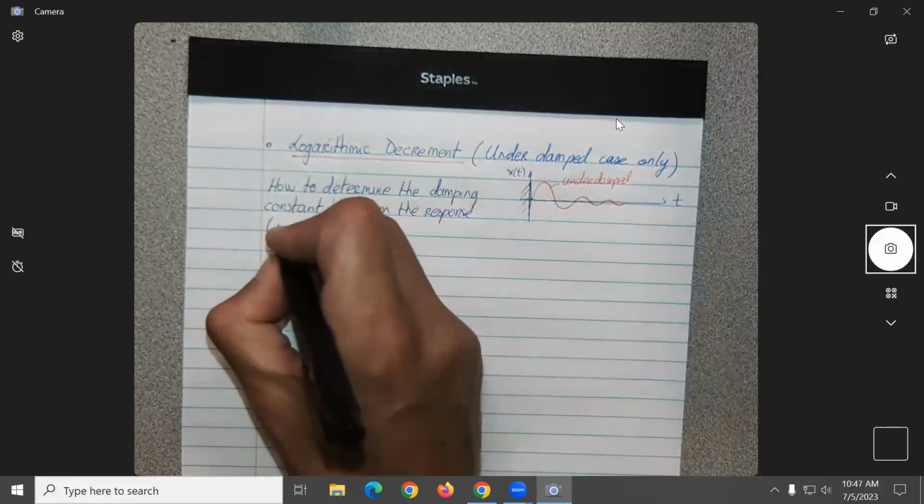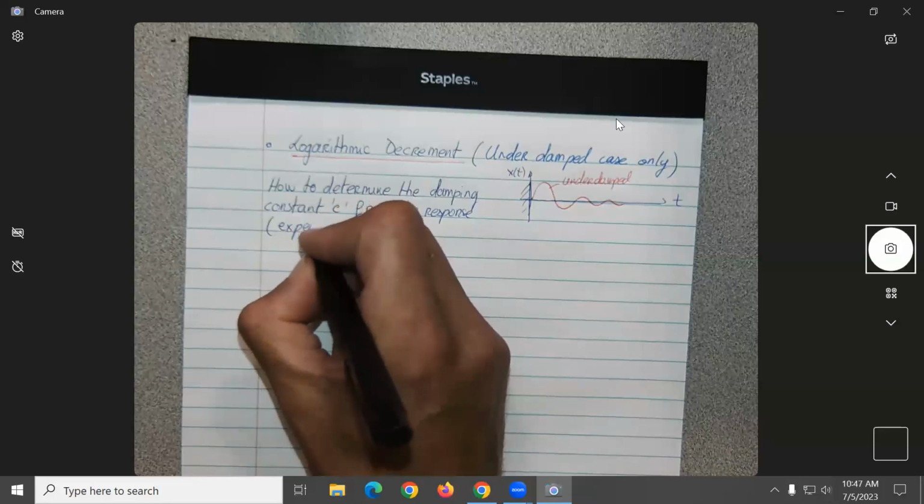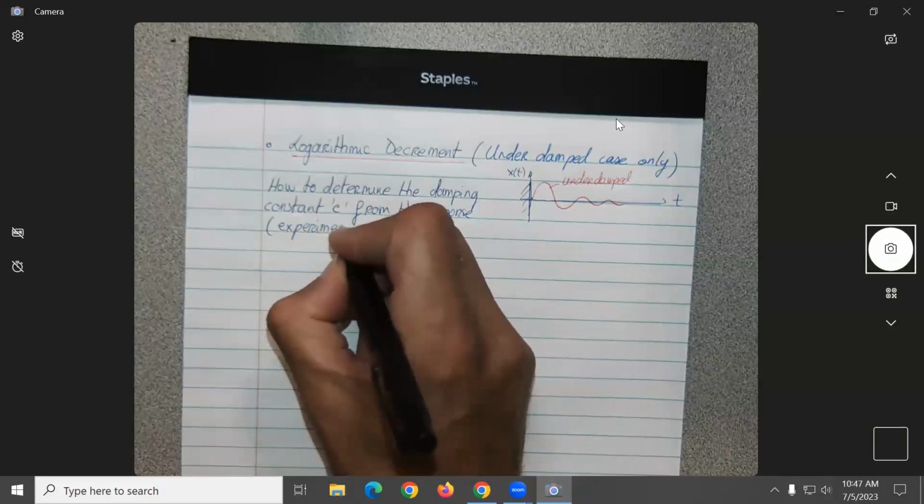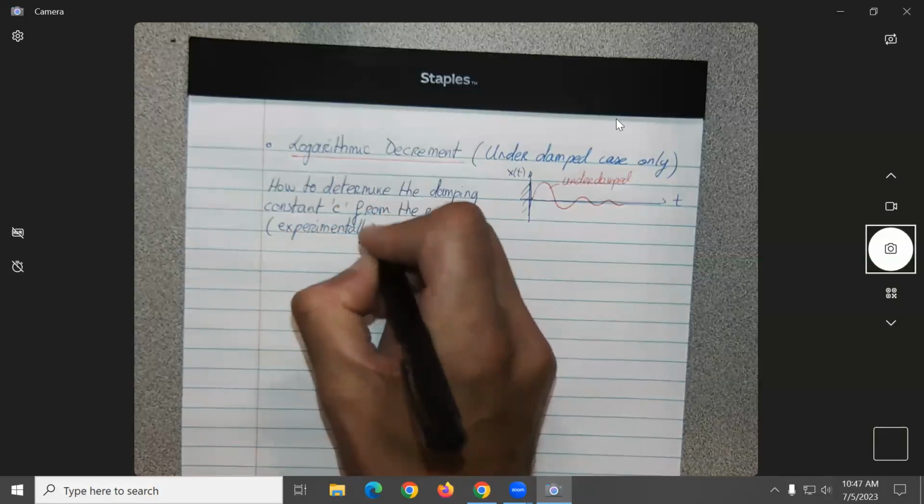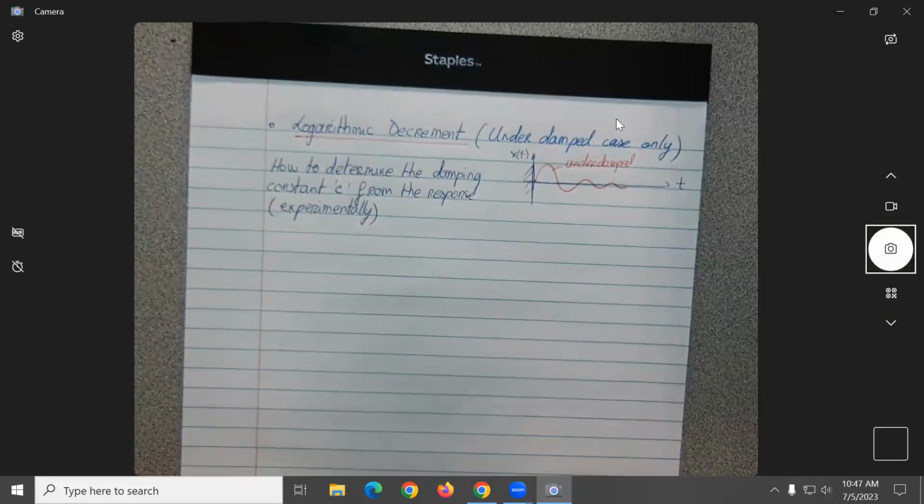So basically this means how to determine the damping experimentally. Okay, so Johnny, what will you do to find the damping?